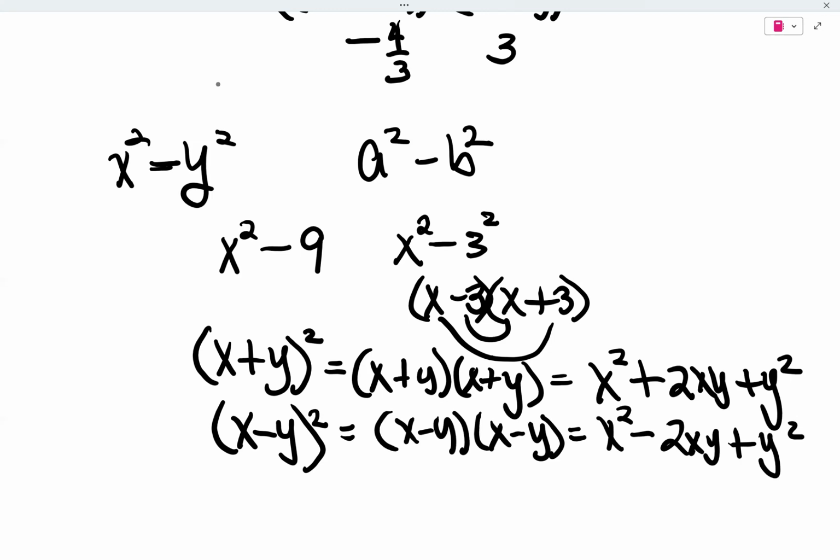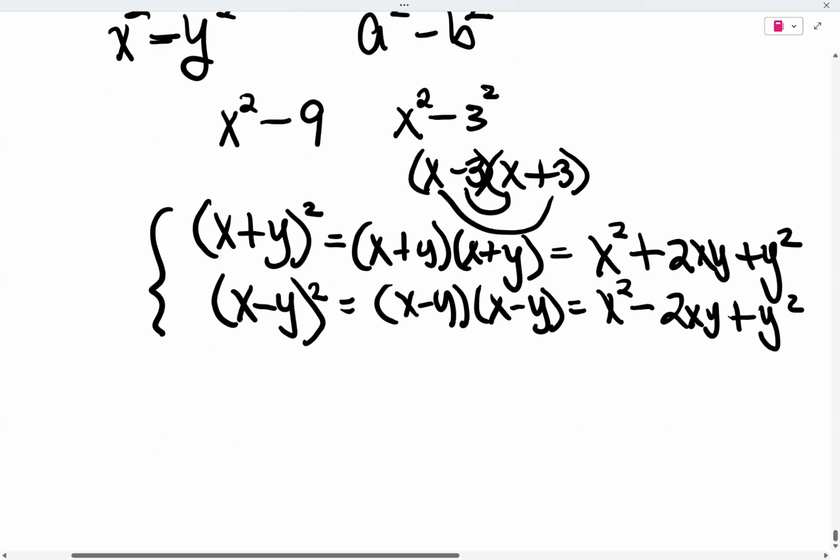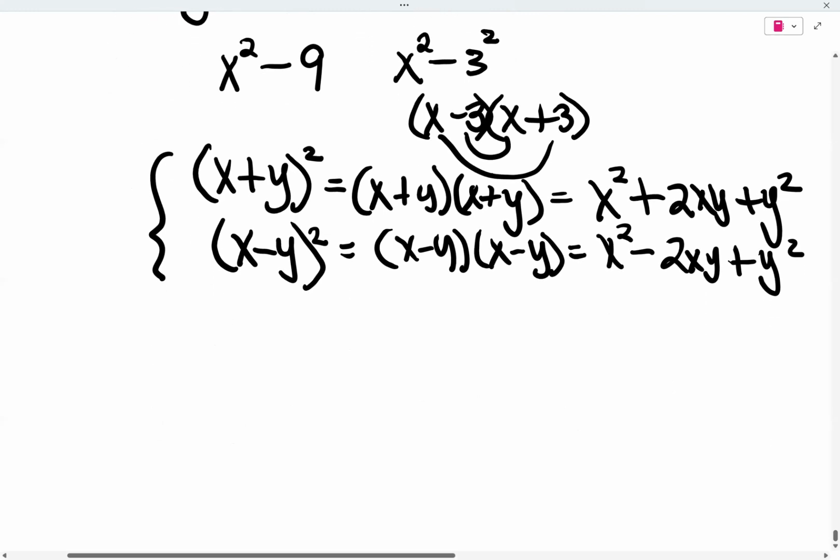So these are special perfect squares. They're either positive or negative. Do you want to see a factorization of both of those, or is this old news?